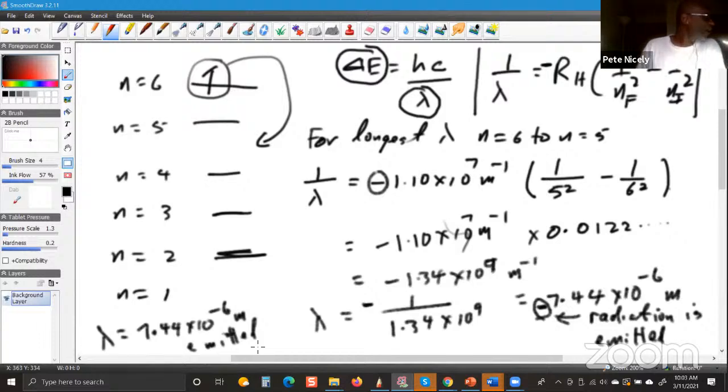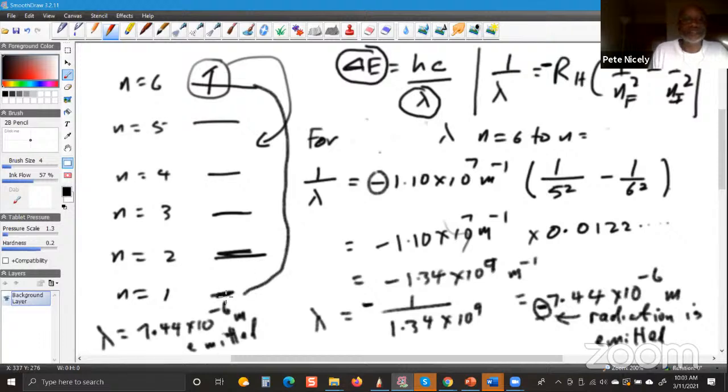Okay, now the other part is to calculate the shortest wavelength, and I'm going to make some changes here. To calculate the shortest wavelength, we have to look at the transition from n equals 6 to n equals 1, all the way down here.